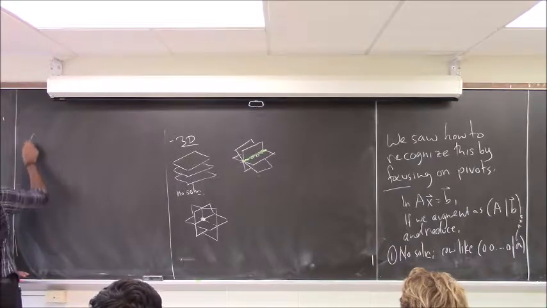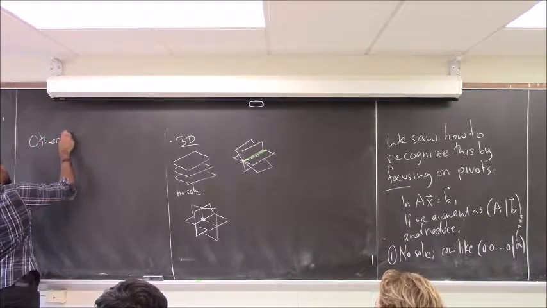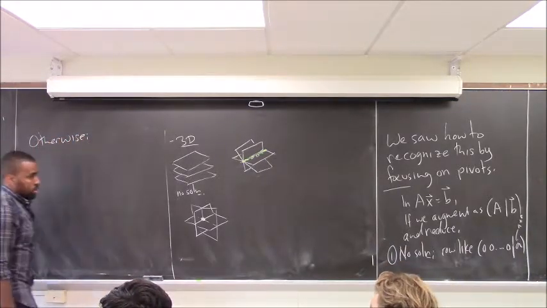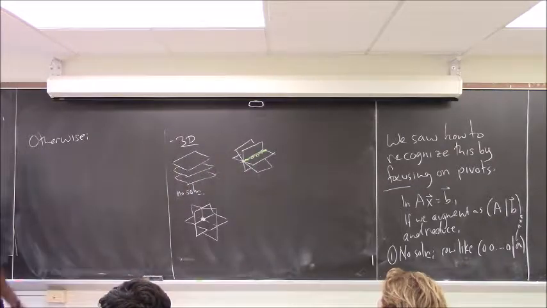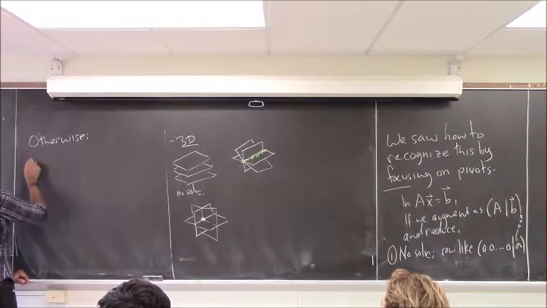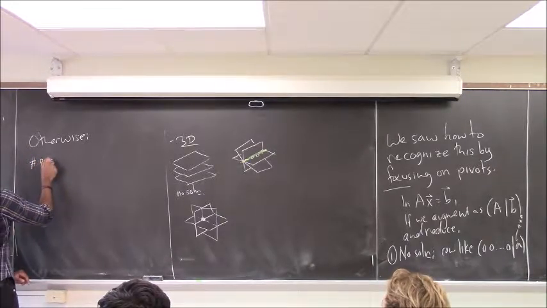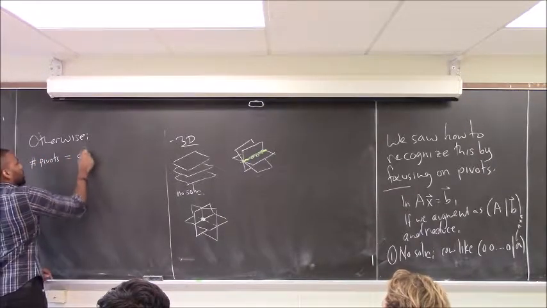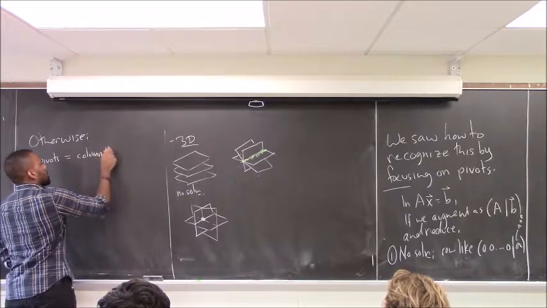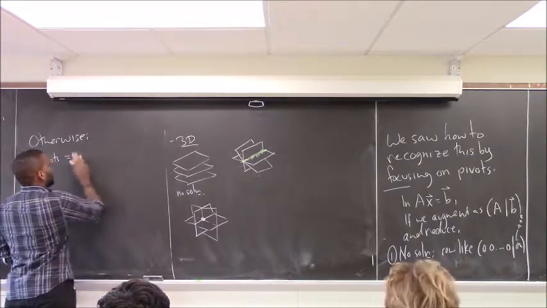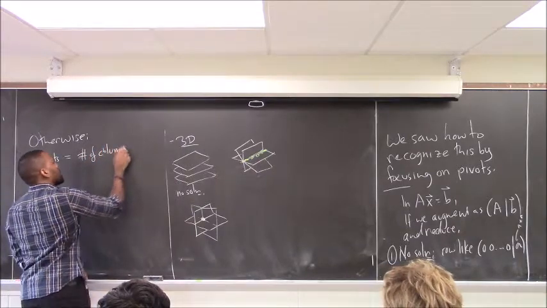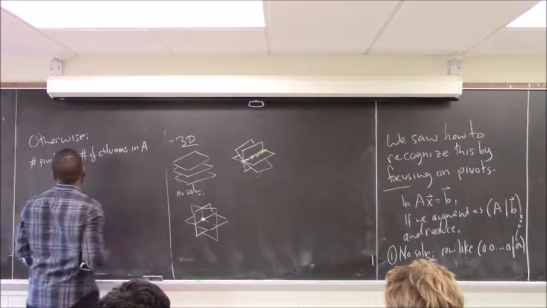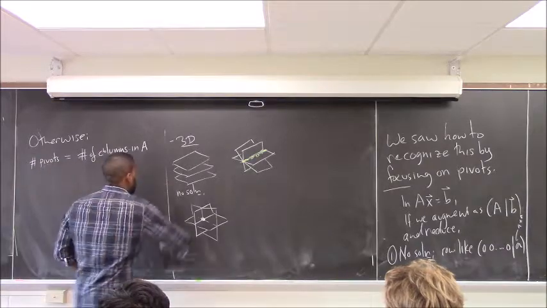Now, once that doesn't happen, otherwise, if you don't have a row like this, then you are in one of two situations. Either the number of pivots equals the number of columns in A. And that means there's a unique solution.